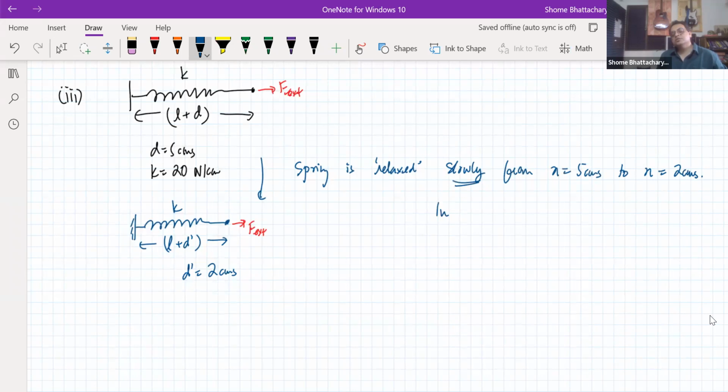So in this process now, find what is the work done by the external agent and what is the change in potential energy of this spring.